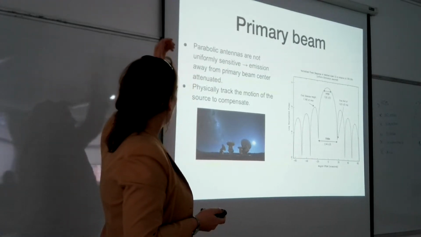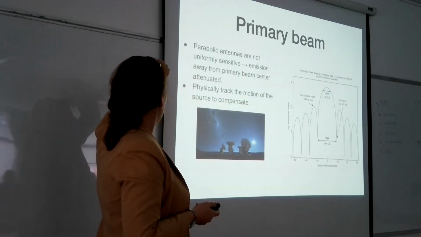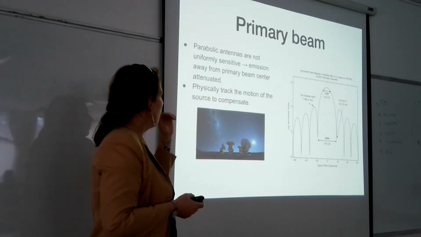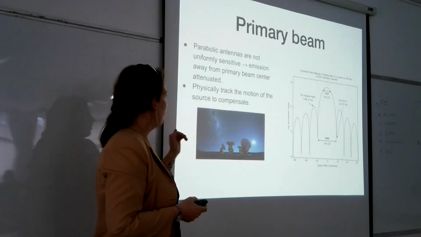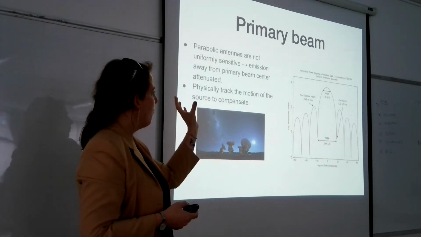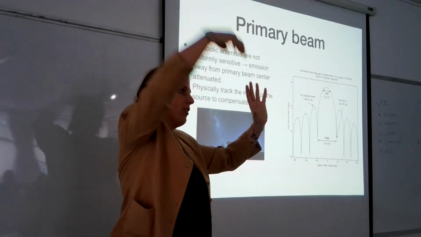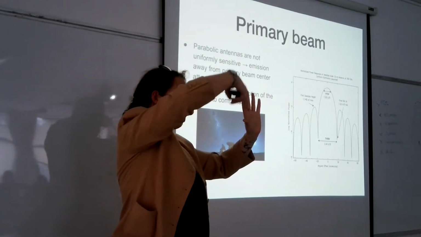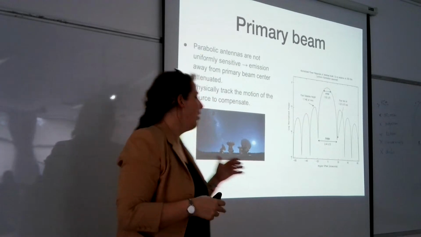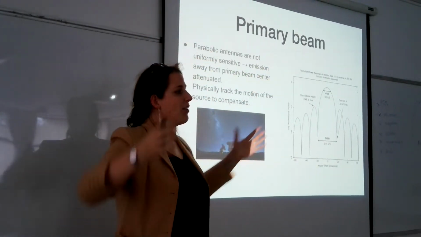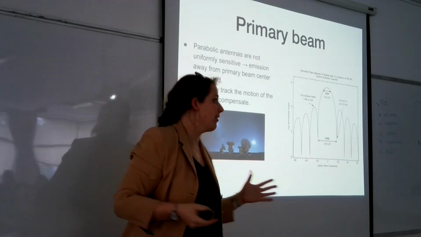So if you're further away from the center, you essentially introduce more noise. So this means that you always need to track your source. You always need to make sure that your source emission arrives in the center of your primary beam. But also, once you are creating an image, you will always see that at the outer edges, your noise level increases.